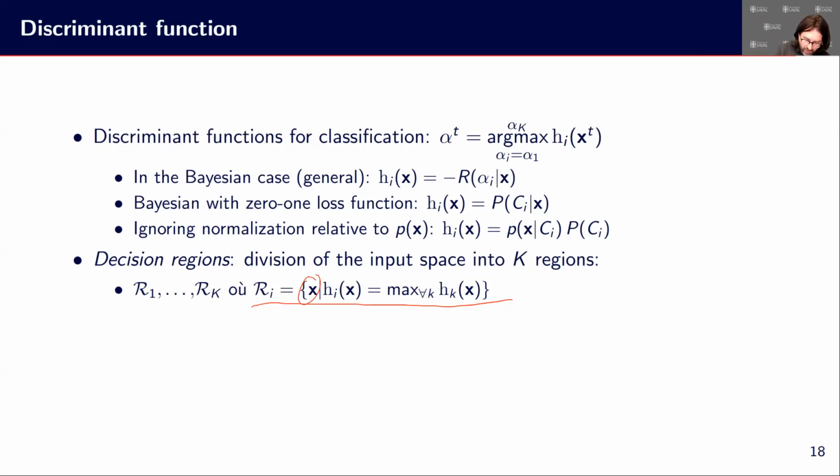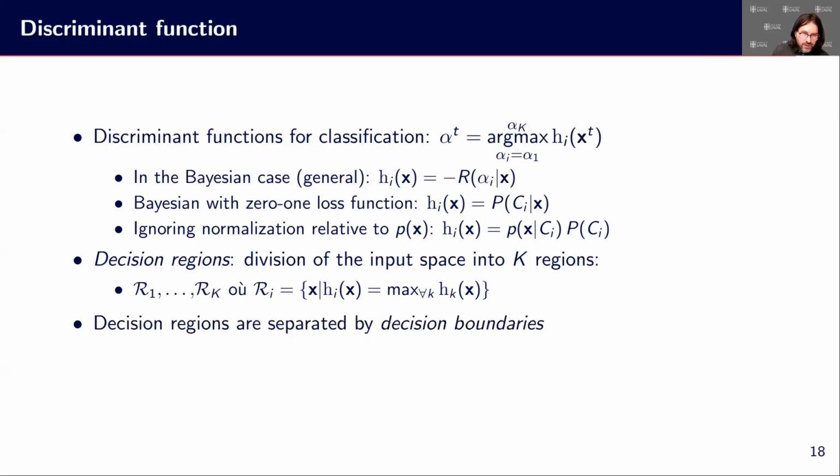We will assign to R_i the space where h_i(x) is maximum. This is equivalent to the maximum h that we have over all classes. So basically, we just draw the region where that class has the maximum h_i, and this for all classes from class 1 to K.